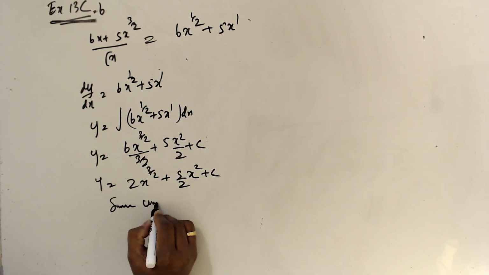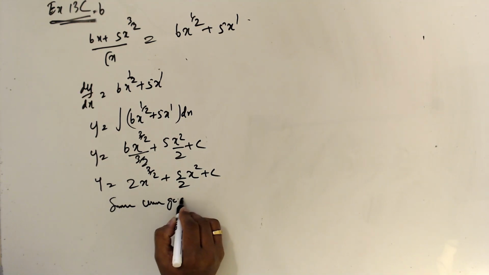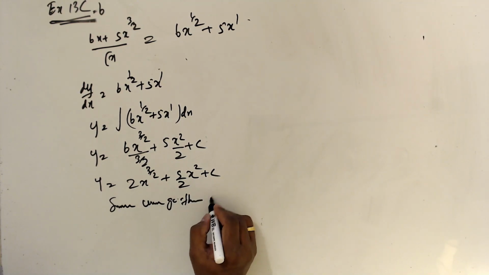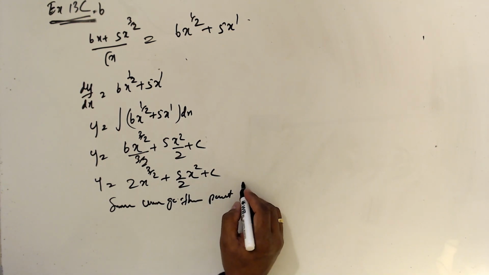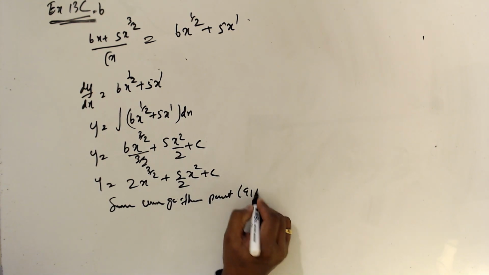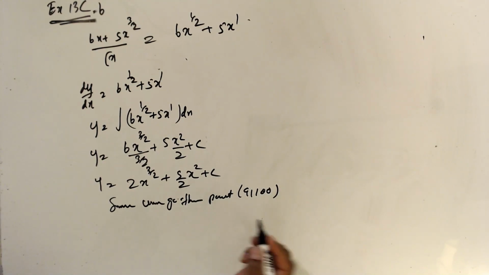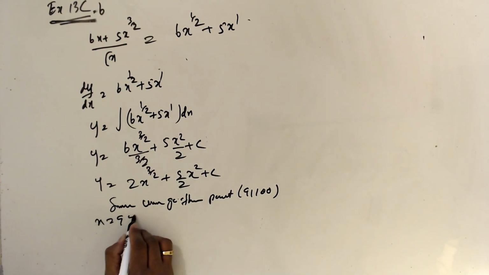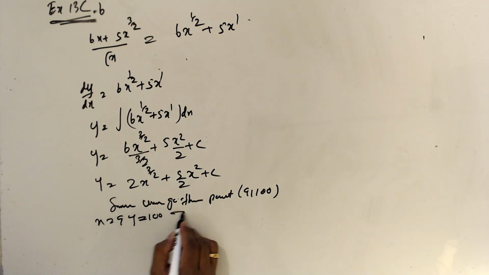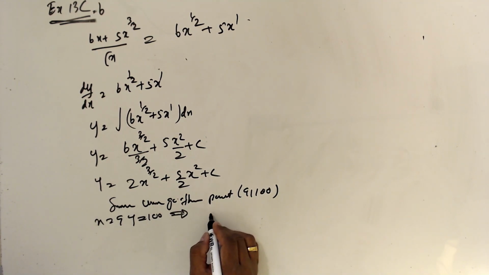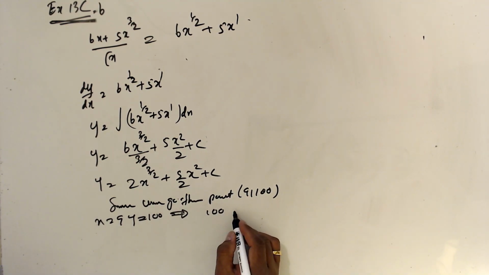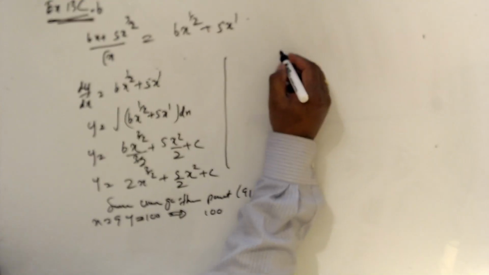So since the curve goes through the point 9, 100, x equals 9 and y equals 100. So let's apply: 100 equals, actually I'll bring it to here.